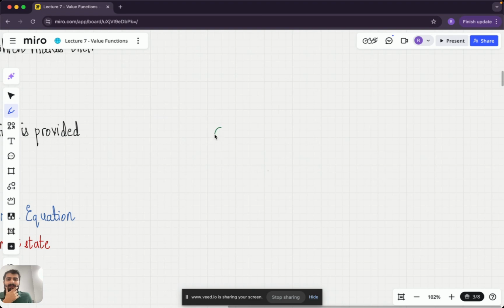So let's say that we are starting at state S. This is where the agent starts. And from this state S, the agent can take multiple actions. Let me denote these actions like this. So this is one action, this is the second action, and this is the third action. Let me denote these actions by A1, A2, and A3.